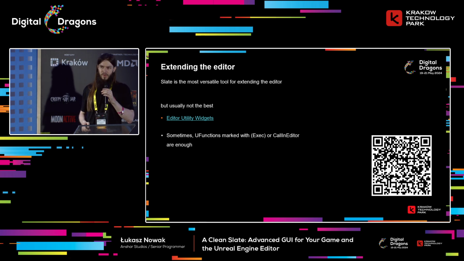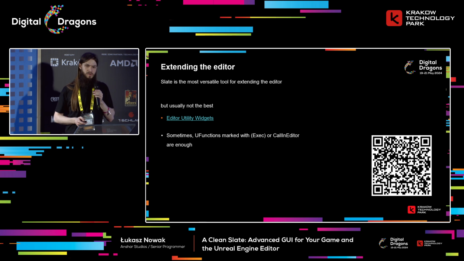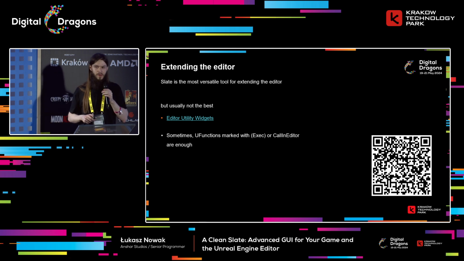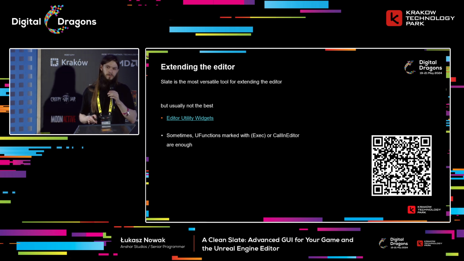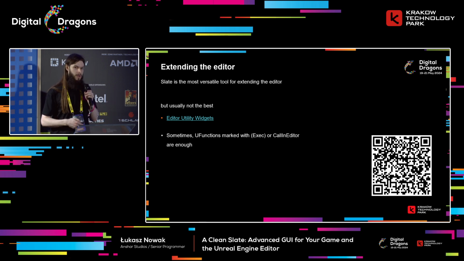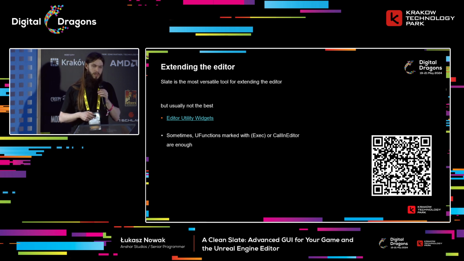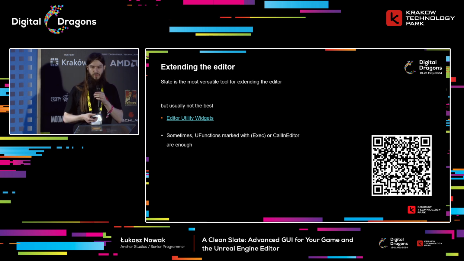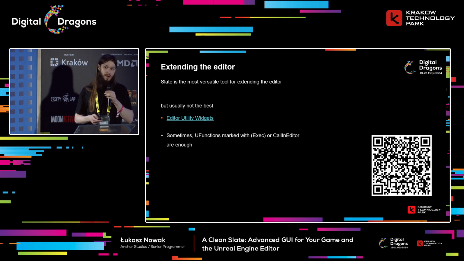Most of the time, you can manage with just this widget that you can create entirely in blueprints, and everything that you would ever want to do will be here, and often just marking a function to be callable in the details panel, or just creating it as a command in the terminal, is fine. But when you have some sort of asset editor or config, you can also package it with your game, and then have, for example, an already made map editor.